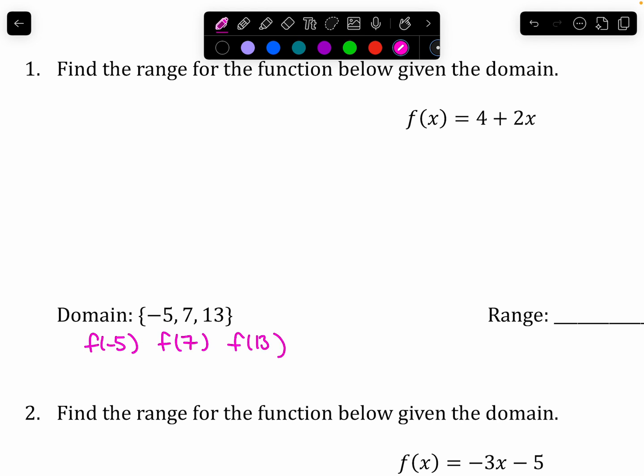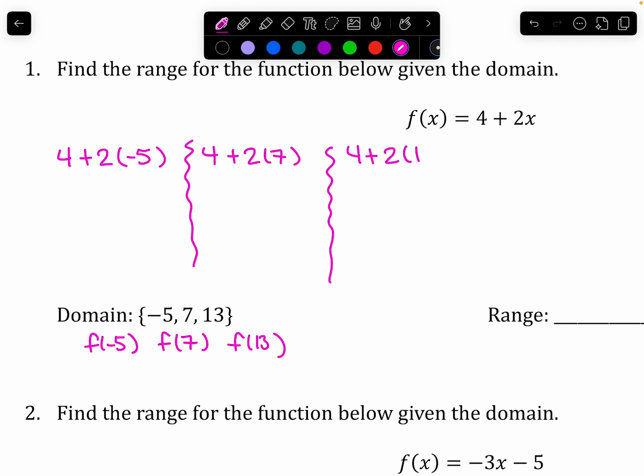But when it comes down to it, really all I'm doing is taking my equation and plugging in each one of those domain values individually and evaluating 3 separate times. So using my equation there, plugging in my domain values for x, and then I'm just going to simplify that.